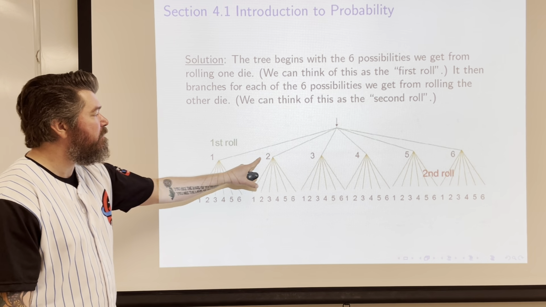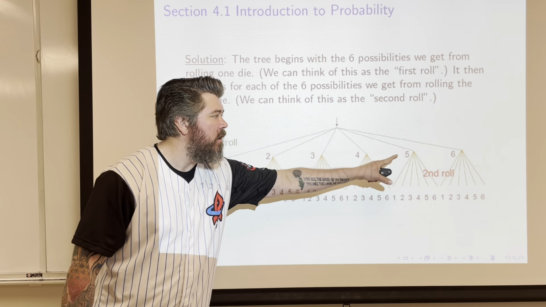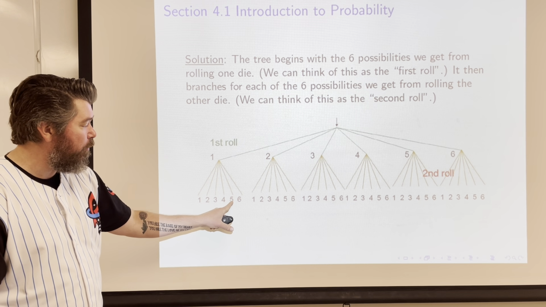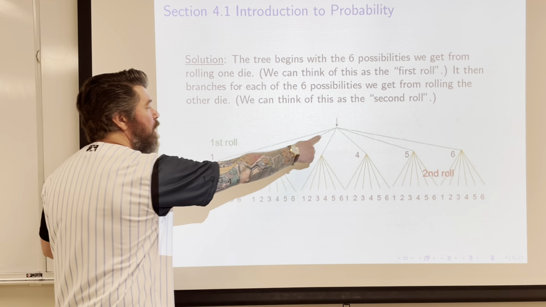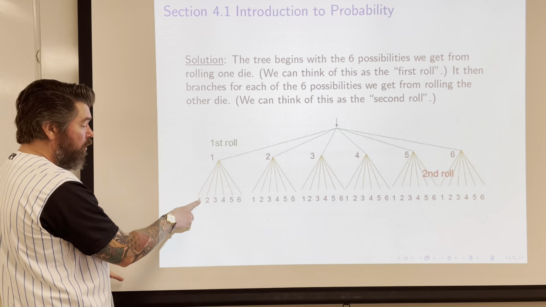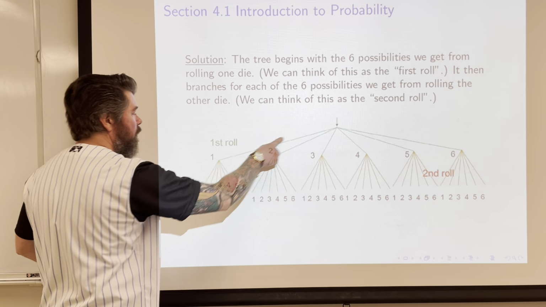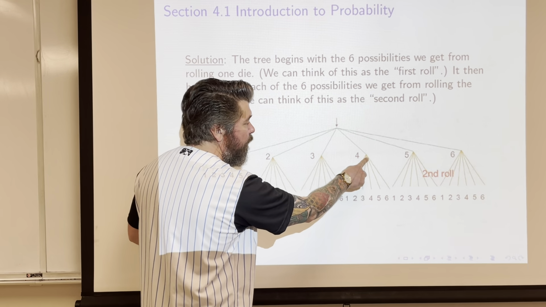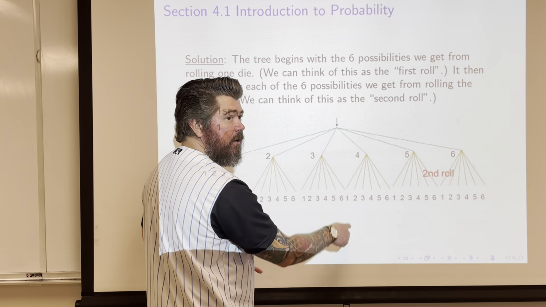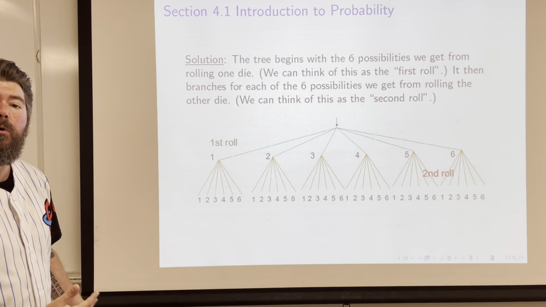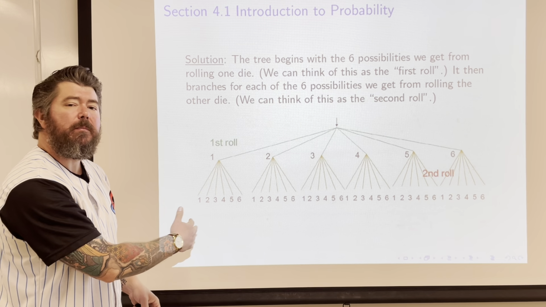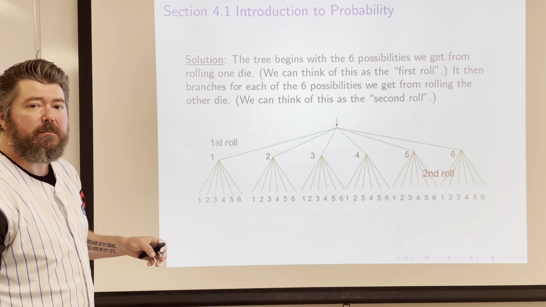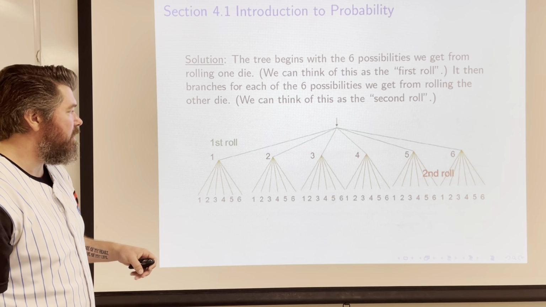Well, from each of these first rolls, I can again obtain a 1, 2, 3, 4, 5, or 6. So I can roll a 1, and then I can roll a 1 again. I can roll a 1, and then I can roll a 2, or I could roll a 4, and then I could roll a 3, right? So this helps us organize in a systematic manner all of the outcomes for a larger sample space.